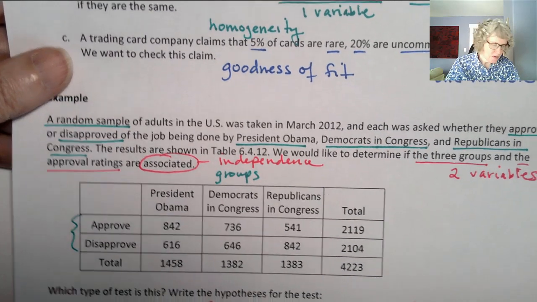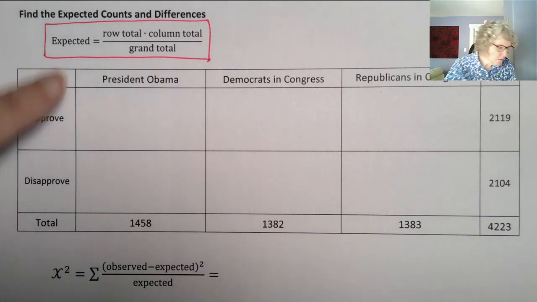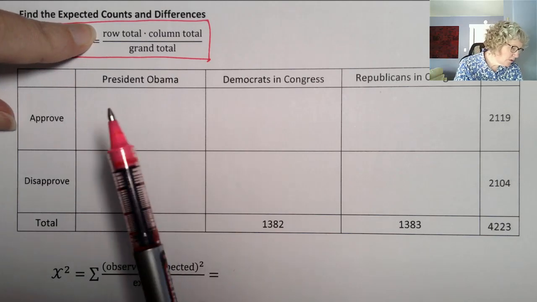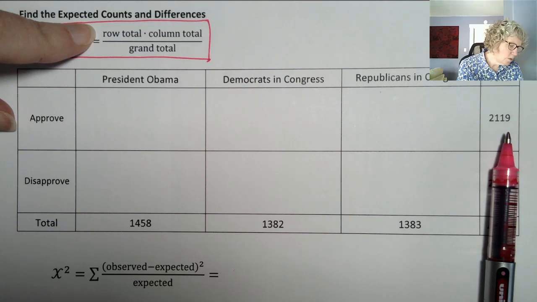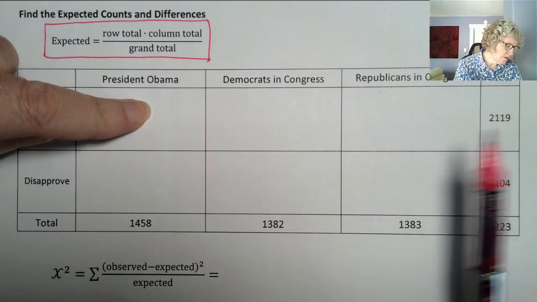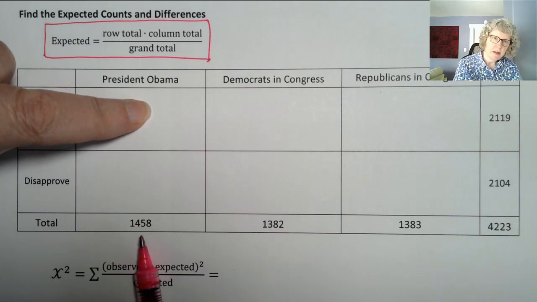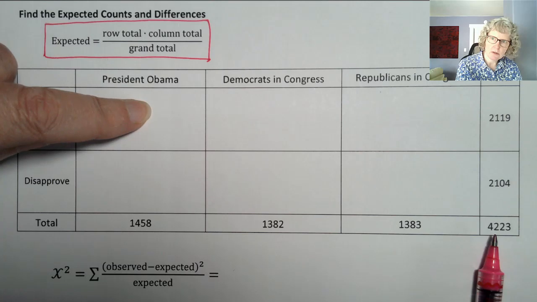If there is no association, what would we expect these interior numbers to be? So what we do is row total. For approve, our row total is 2,119 times the column total. We're always using the row and column of the cell we're in, divided by the grand total.